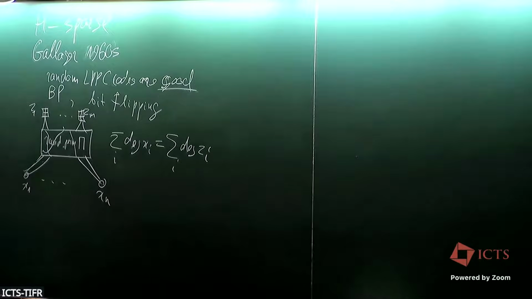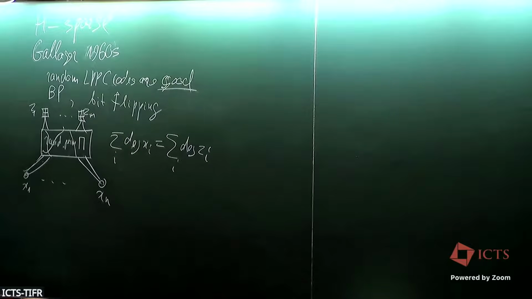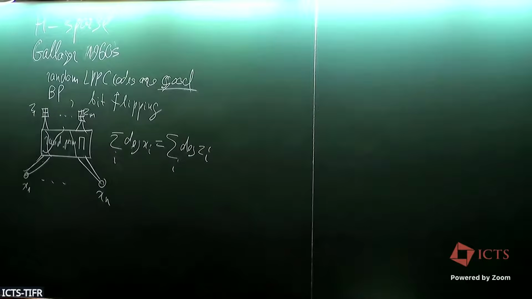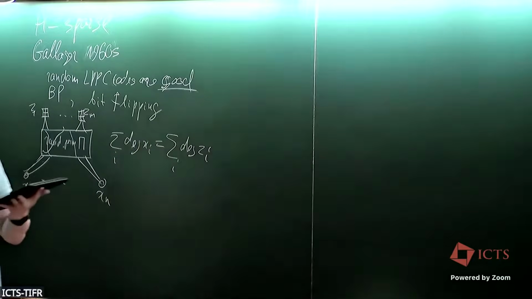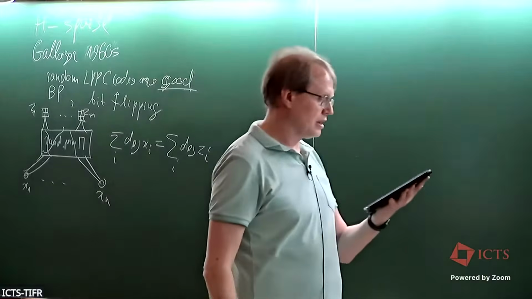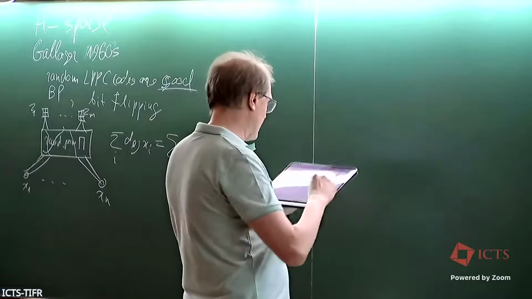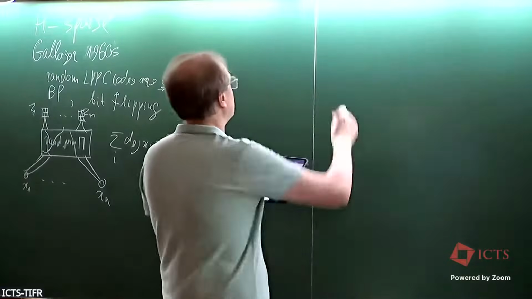Okay, but what I described to you right now is something that's really good, so you can prove theorems about it. But for practice, we need more structure. For practical applications, we usually use a much more refined approach.